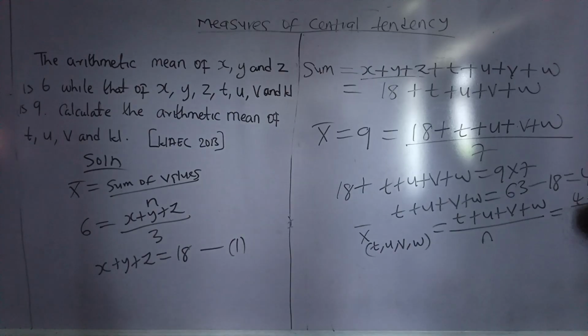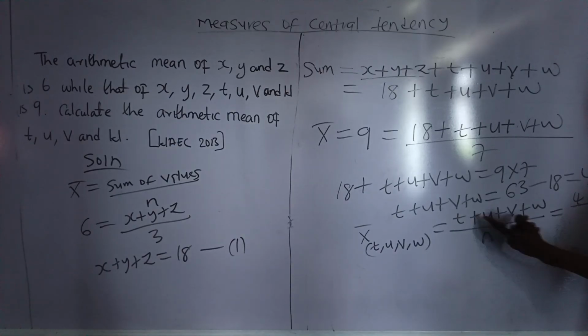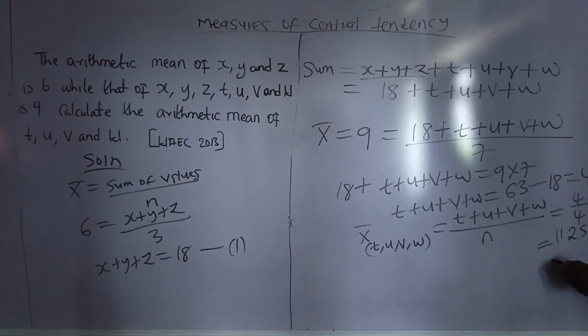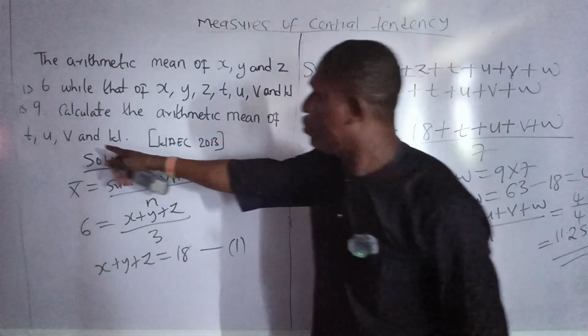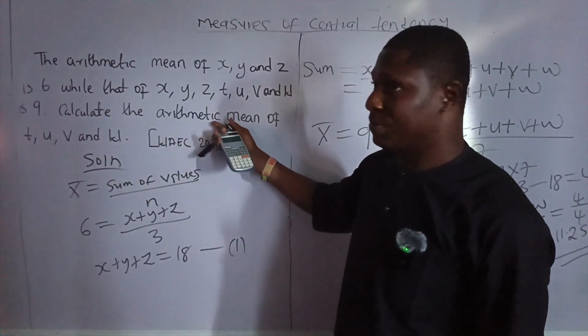So we have 45 all over N. N is how many values? 4 values. So we have 45 divided by 4. And our answer is 11.285. So this is our average of t, u, v, and w, which is the same as the arithmetic mean.